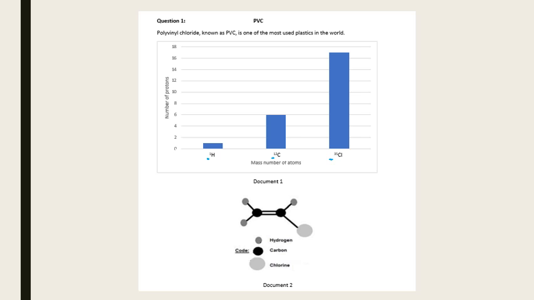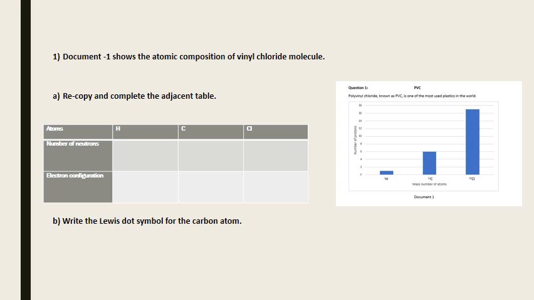Document 2 looks like we've got a chloroethene molecule. So question 1 says, document 1, which is here, copied and pasted it for you, shows the atomic composition of the vinyl chloride molecule, so it's the PVC. Recopy and complete the adjacent table.